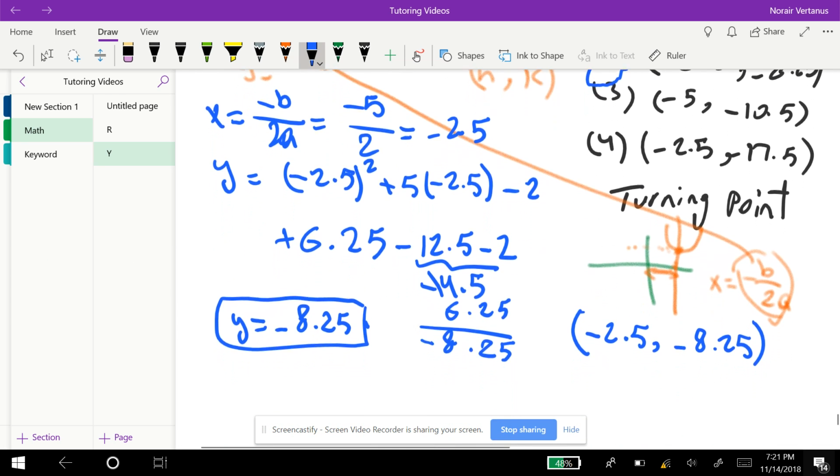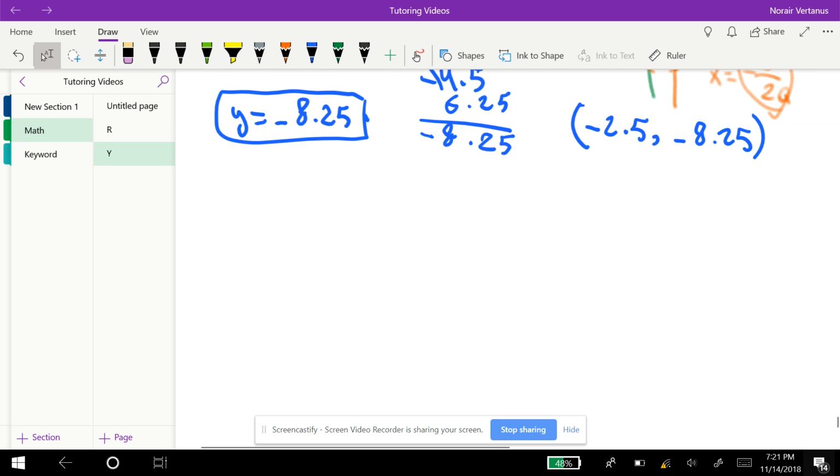So now if we want to do it the other method, using the perfect square method, I'll go with a different color here. The equation was y is equal to x squared plus 5x minus 2, right?